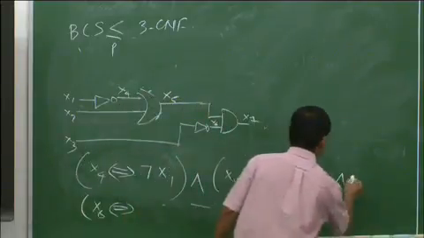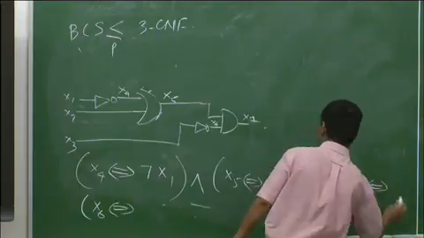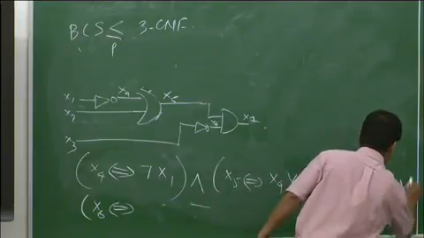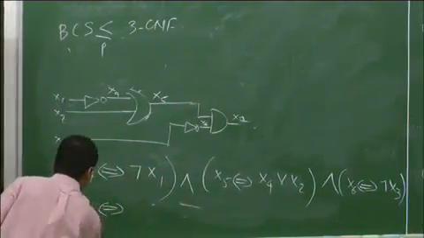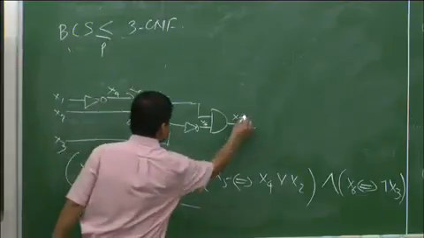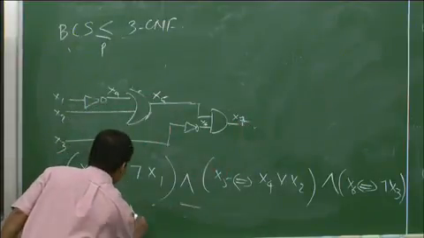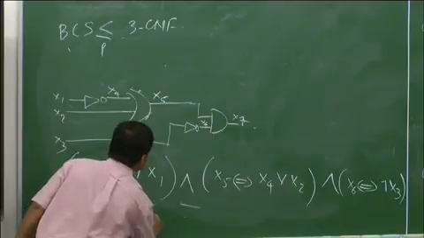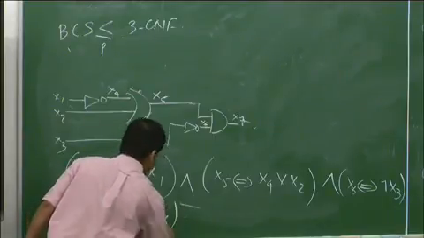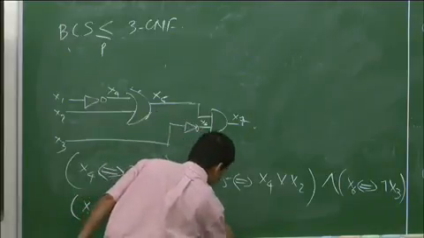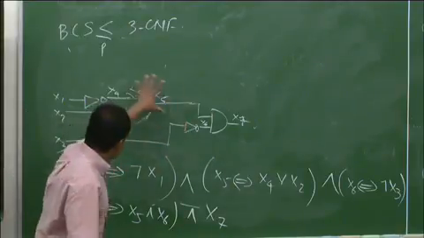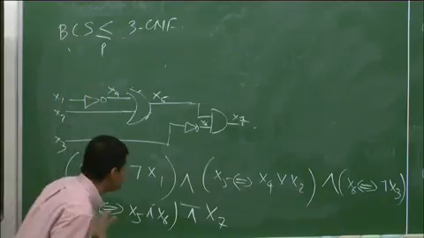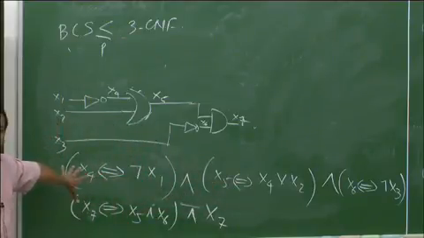So, we have x6 is equivalent to not x3 and finally, x7 is equivalent to x5 and x6 and finally, x7 is true. So, this thing is satisfiable corresponds to this formula is satisfiable.